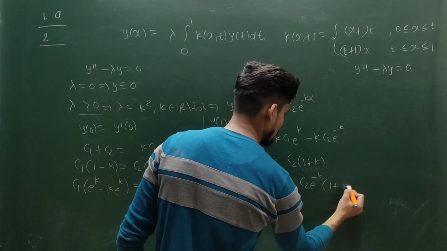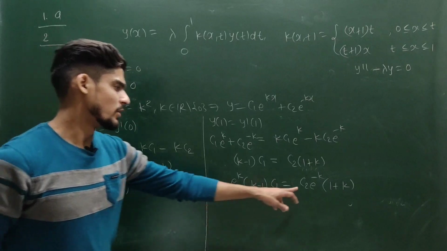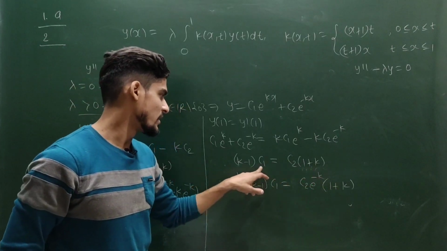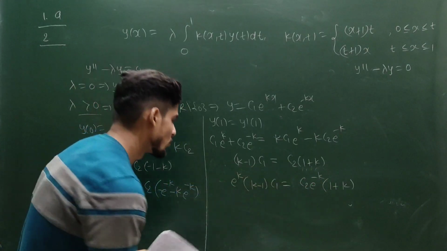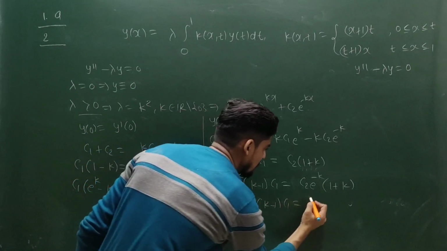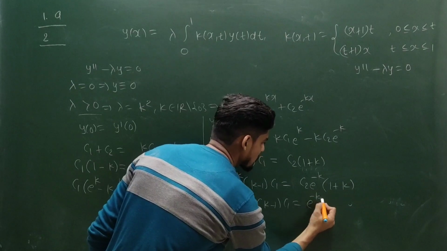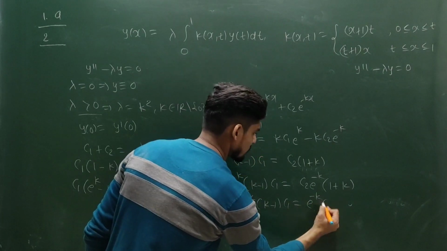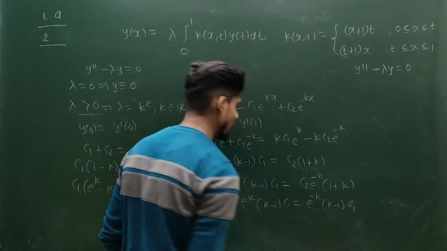So I can put c2 times 1 plus k is the same as c1 times k minus 1 from here. So I will be having e power k minus 1 times c1 is the same as e power minus k times (k minus 1) c1.